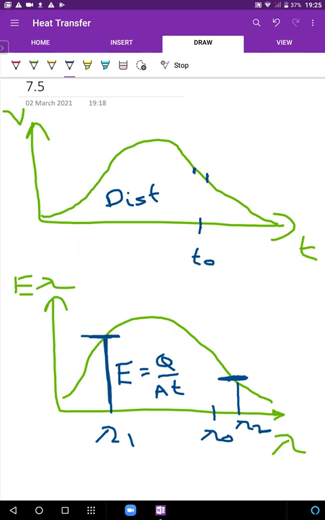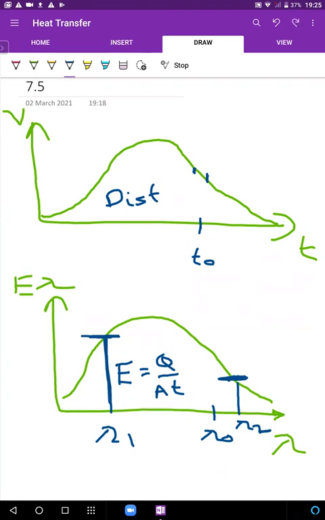So that's the idea behind spectral emissive power. It's a measure of how much emissive power comes from that wavelength. So if E lambda is higher, that wavelength is more prominent, and its contribution to the total emissive power is greater.